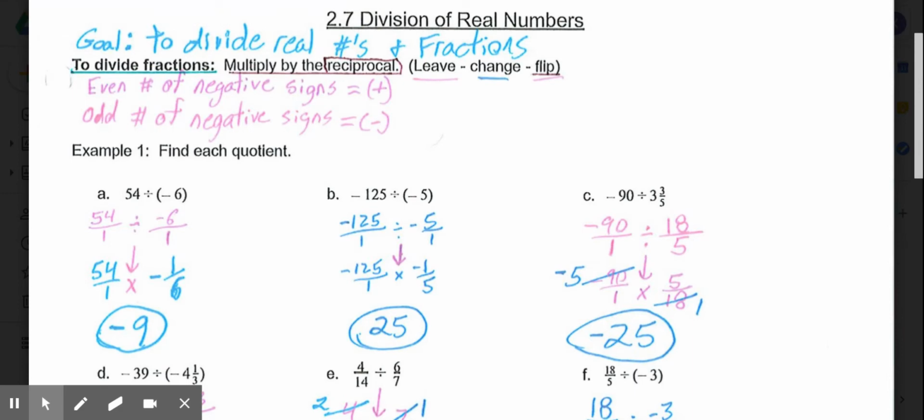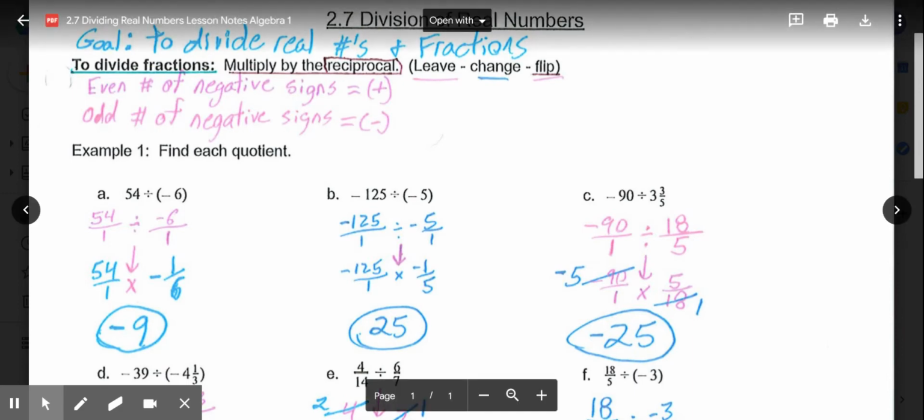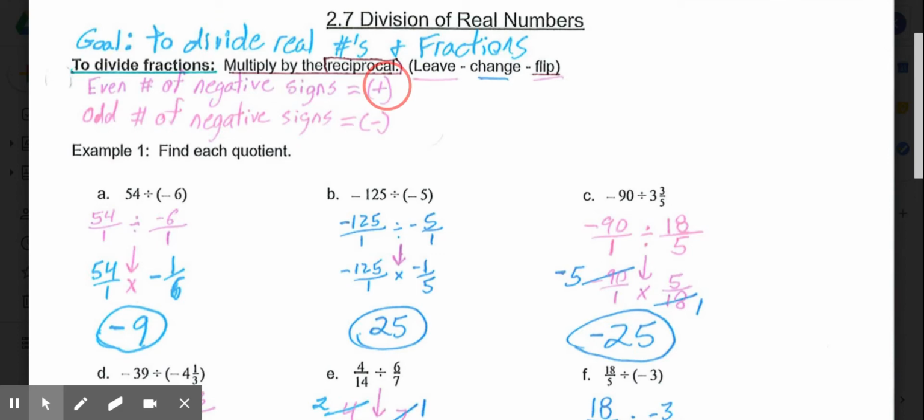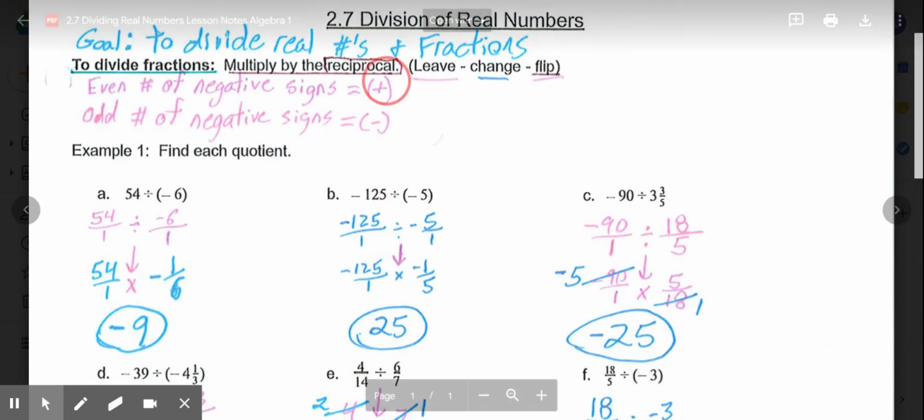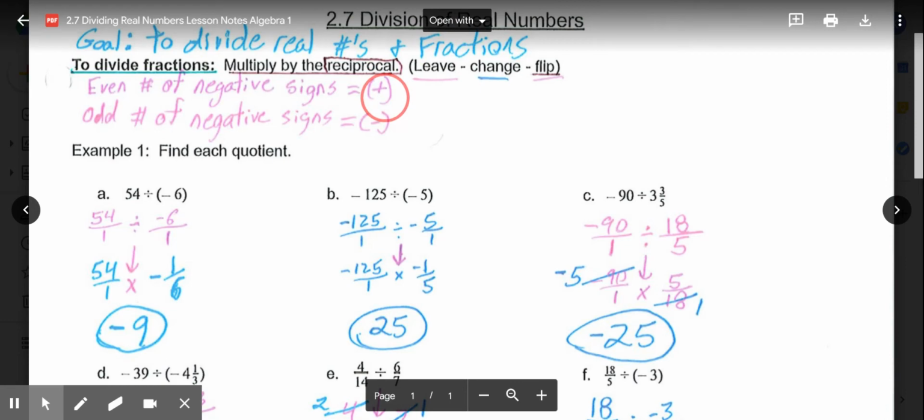Then the other part to keep in mind is if we're dealing with negatives and positives, anytime we're multiplying or dividing, if there's an even number of negative signs in the problem, the final answer is positive. For example, a negative divided by a negative has two negative signs, even number gives us a positive.